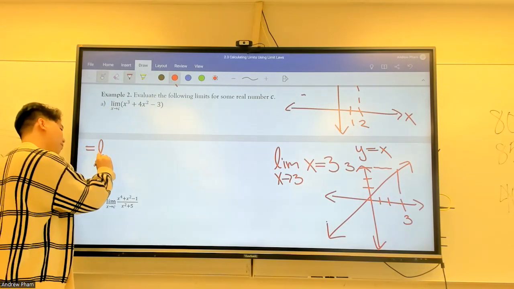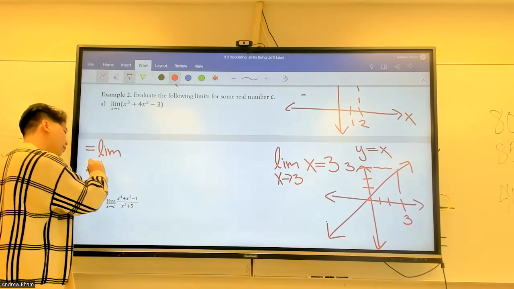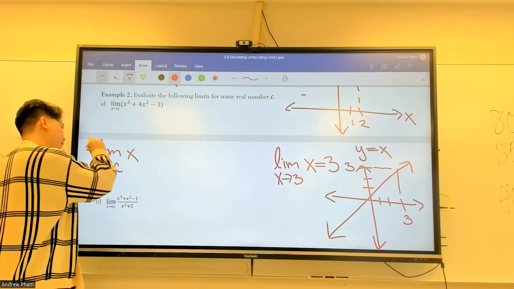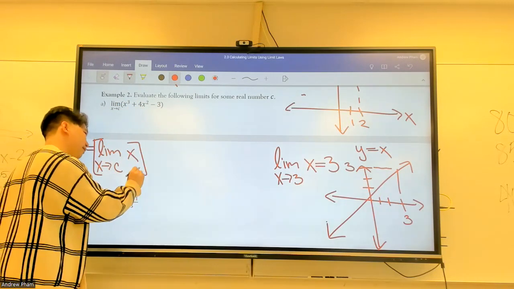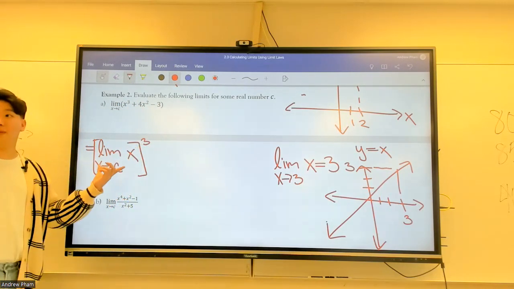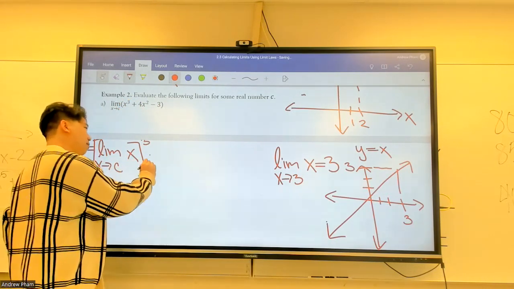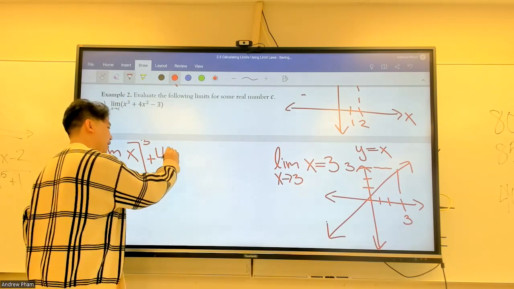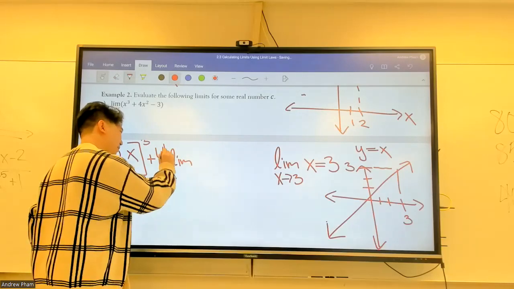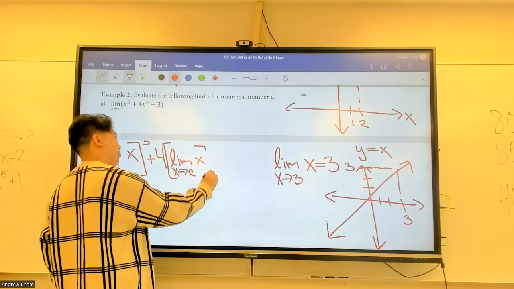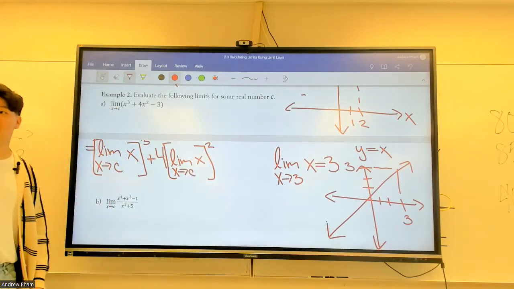So using my limit laws, one way I can write this is that this is equal to, and there's going to be a lot of limits just for notes, the limit as x goes to c of x cubed. That's the first one, just x cubed, plus 4 times the limit as x goes to c of x squared.